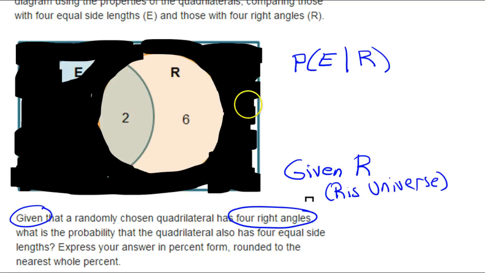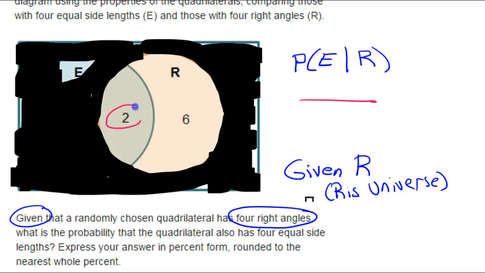So now, given this smaller universe R, what is the probability of E? Well, probability is target over total. So we're looking for the number of E's divided by the total of the universe.